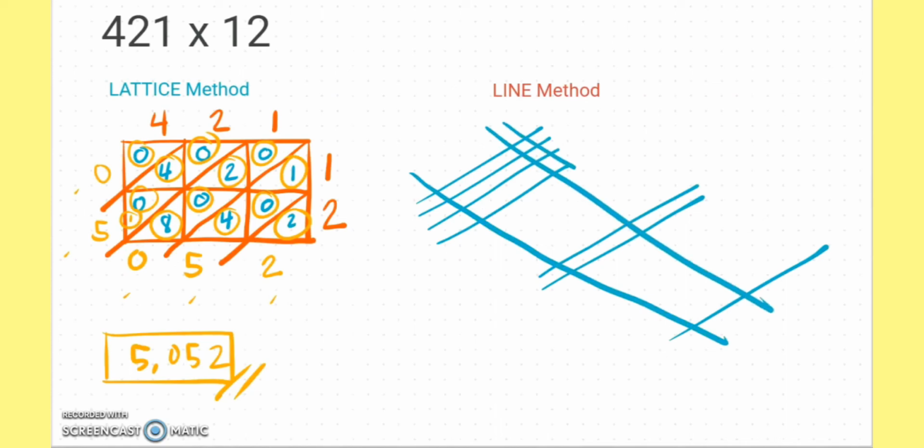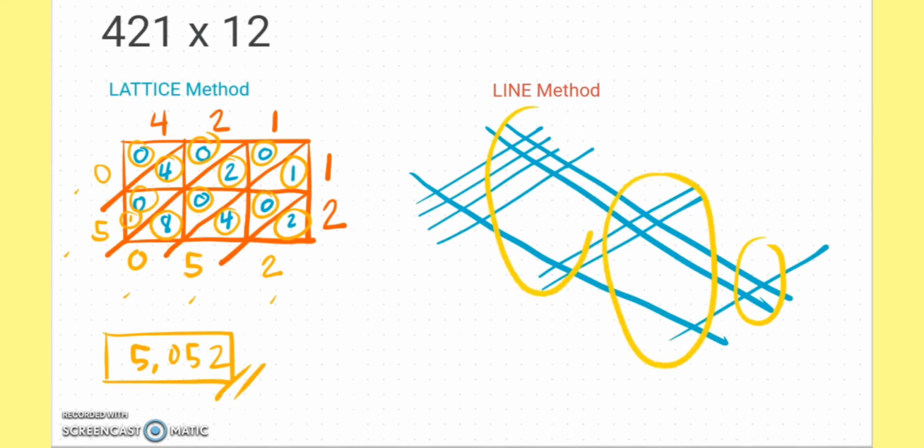Okay, so let's distinguish the groupings that we have here. So we have the first group, the second group here, then the third group. We have 4 groups here. There. So from the first group, we have 2 intersection points. From the second group, we have 5 intersection points.